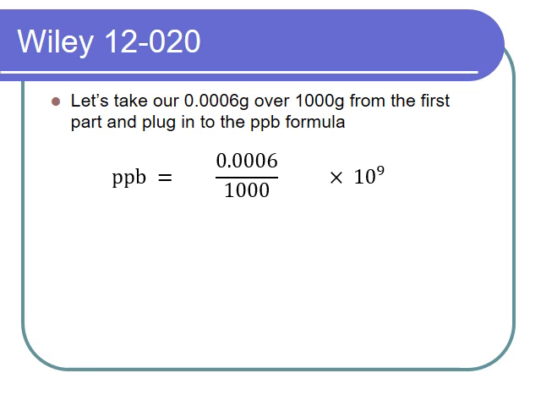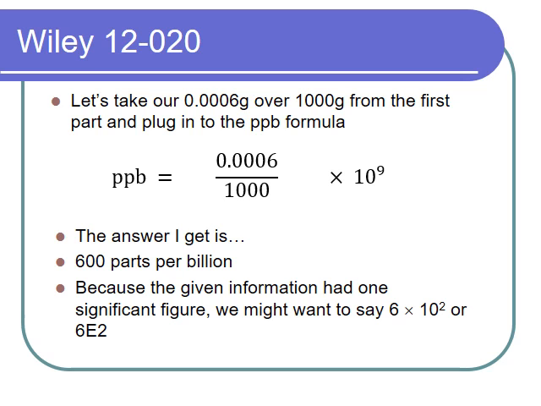We'll just do the math: 0.0006 divided by 1,000 times 10 to the 9th. I'll let you work it out. And I get 600 parts per billion. Now the given information had one significant figure, so we can say 6 times 10 to the 2nd, or 6e2 for Wiley.